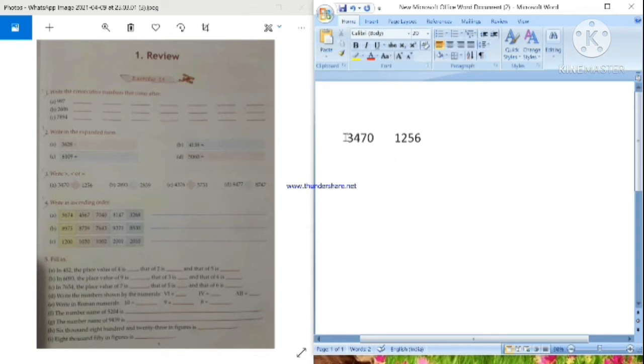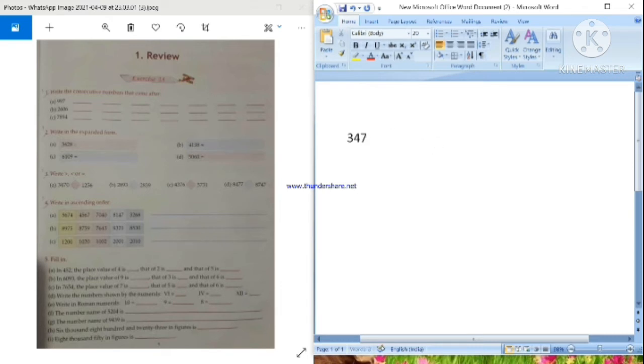So here you can see 3 is greater than 1. So it implies that 3470 is greater than 1256. Okay, in the same way we have to compare the other questions, and we can find out which one is greater and which one is smaller.